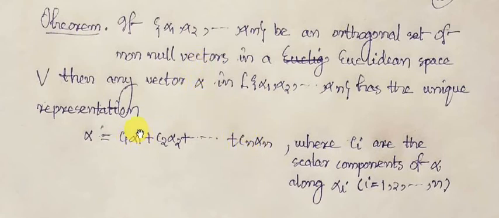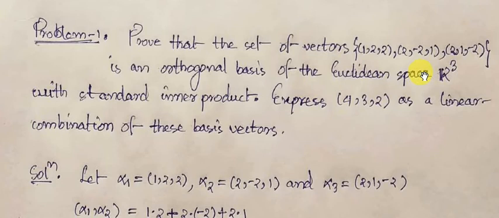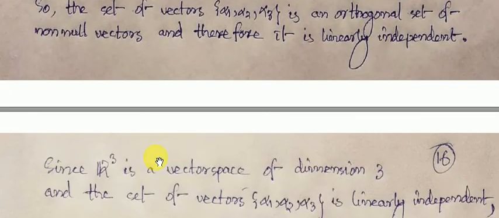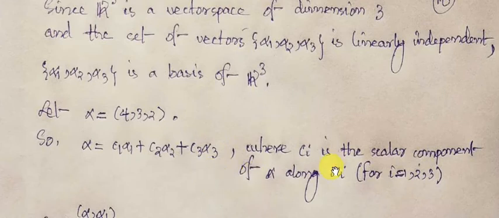Here (4, 3, 2) being a vector from R3 and this collection being a basis of R3, we can write this vector as a linear combination of these vectors. If we rename (4, 3, 2) as alpha vector, then alpha equals C1 alpha 1 plus C2 alpha 2 plus C3 alpha 3, where each Ci is the scalar component of alpha along alpha i, i varying from 1 to 3.